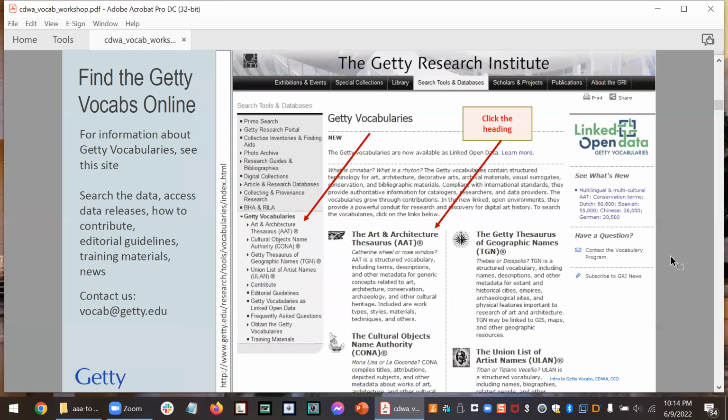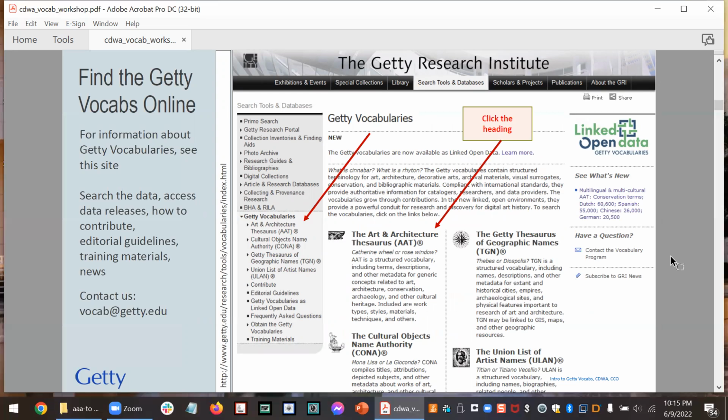Now, to go to our website and learn more about the vocabularies, this is the landing page. And you can find that by searching for vocabularies in the right-hand search box of any Getty page. So on the left hand there, the first arrow is pointing to the left-hand navigation where you can access the data releases, learn how to contribute, and look at editorial guidelines and training materials.